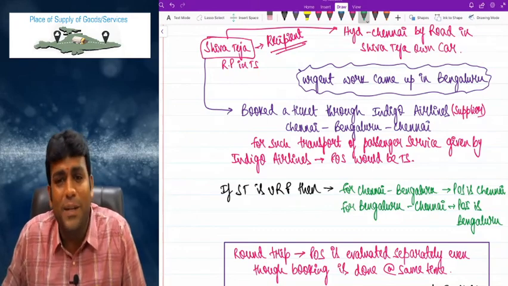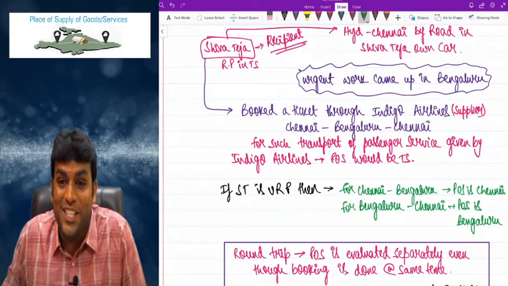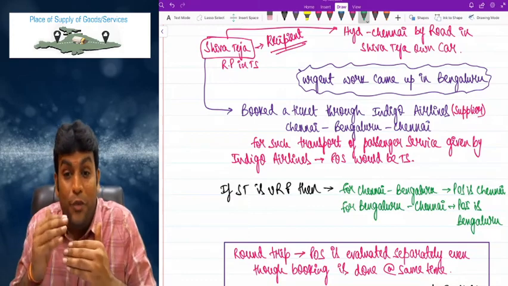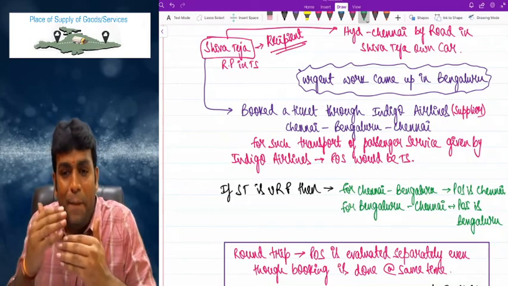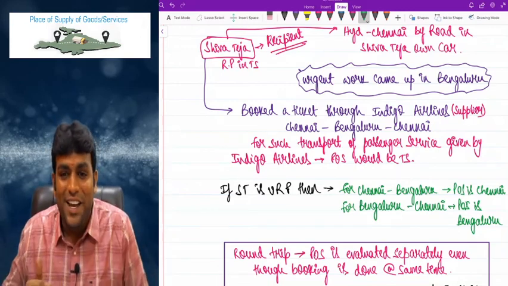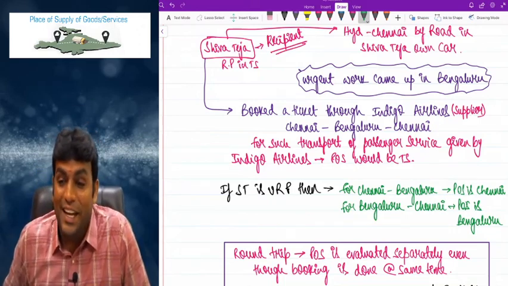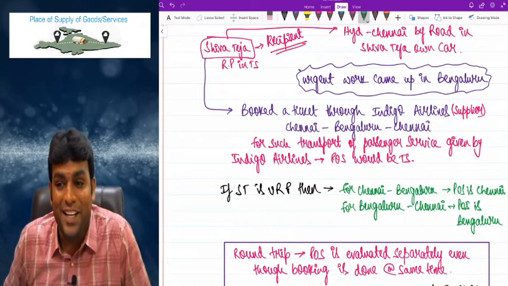And the place of supply will be Telangana only, because Shiva Teja is registered. But if Shiva Teja is unregistered, what will happen then? For Chennai to Bangalore it is Chennai, and Bangalore to Chennai it is Bangalore, the place where the passenger embarks. And return journey is always treated as a separate journey, even though booking is done at the same time. That is interesting and important language.